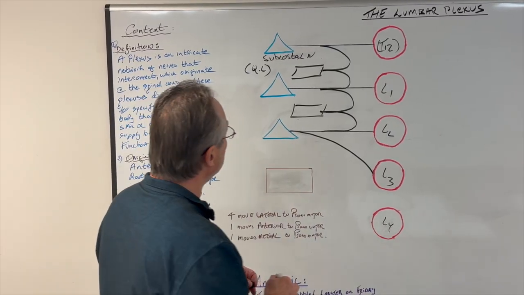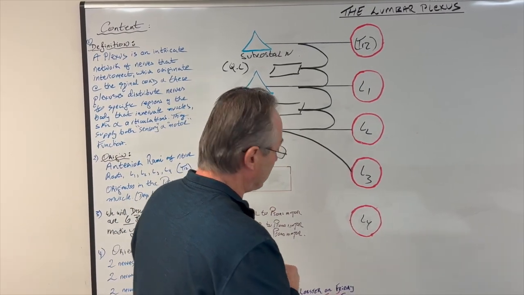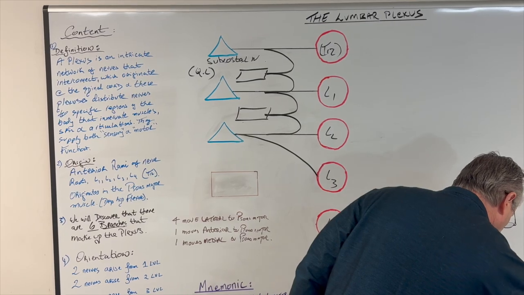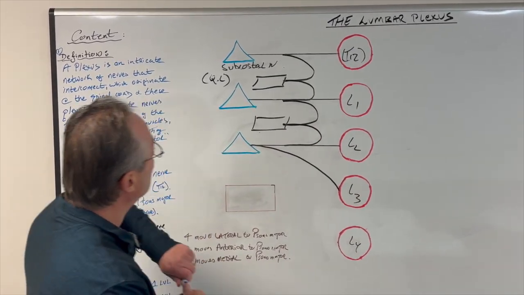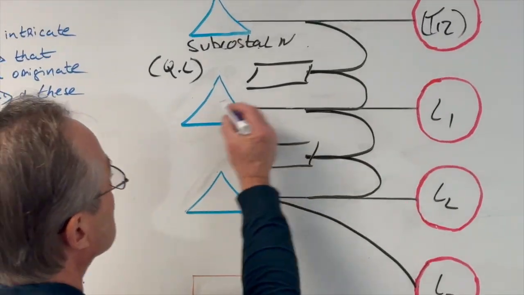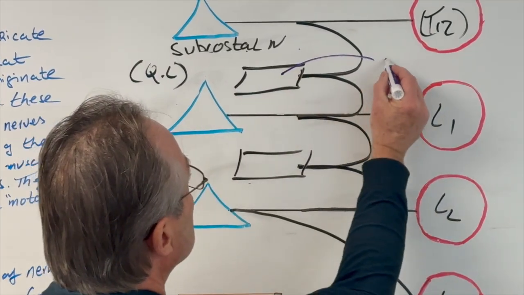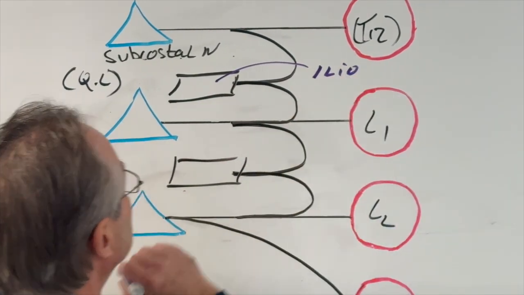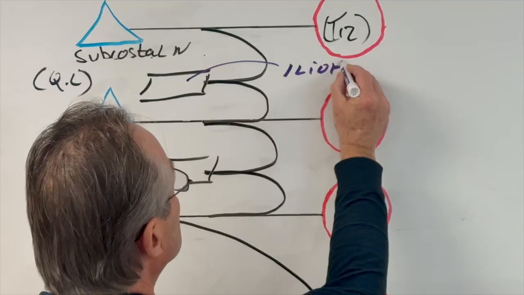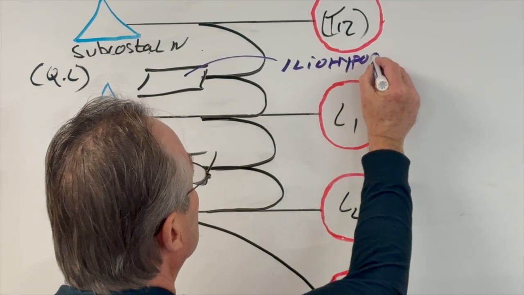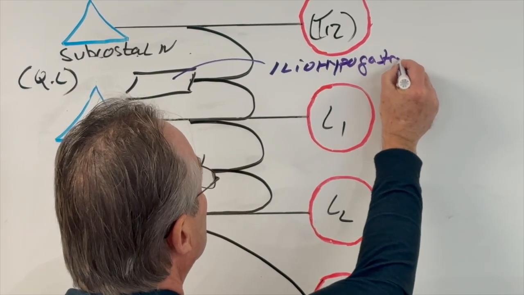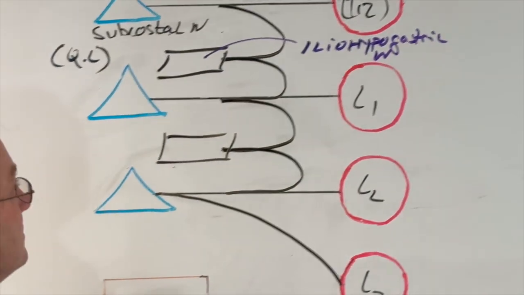So the first one is called what? This one right here is your iliohypogastric nerve.